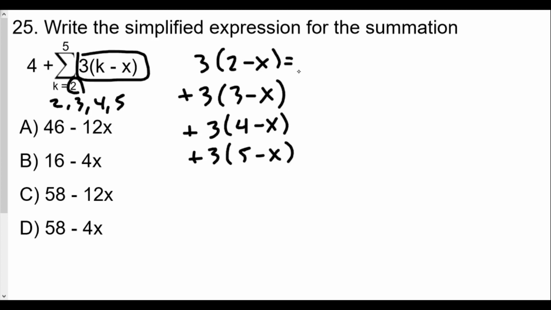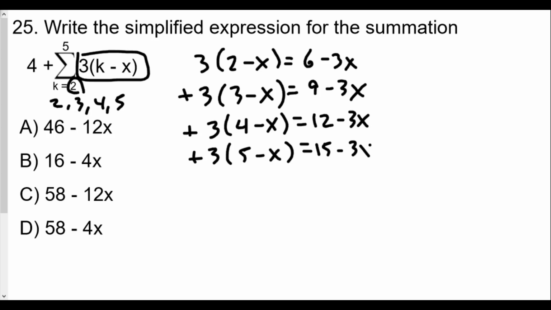So we distribute the 3 and we get 6 minus 3x, 9 minus 3x, 12 minus 3x, and 15 minus 3x. Remember, distributing means we multiply both terms inside parentheses by 3.